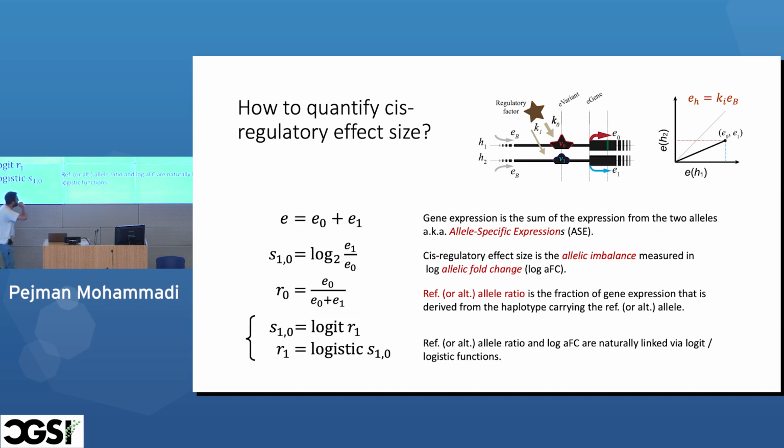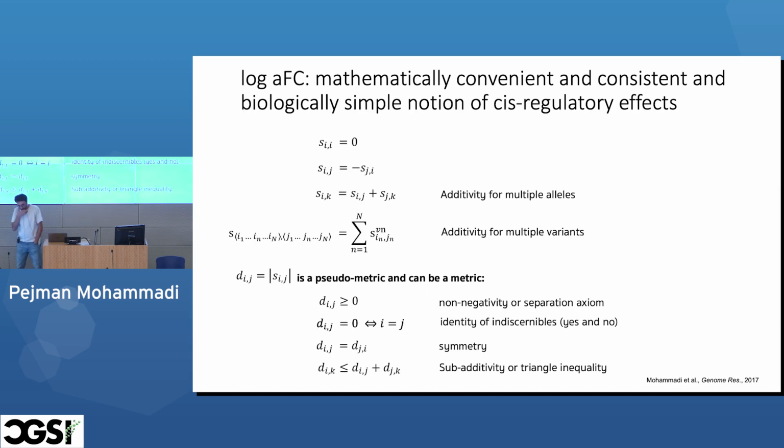And one convenient thing that comes out of defining your effect sizes by the aFC is that you could simply go back and forth between your regulatory effect size and the allele ratio with the logit and logistic transformation. So your effect size is the logit of your reference ratio or alternative ratio, and the other way around goes via the logistic function.